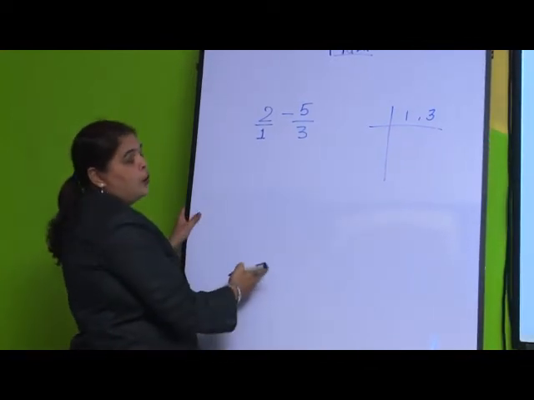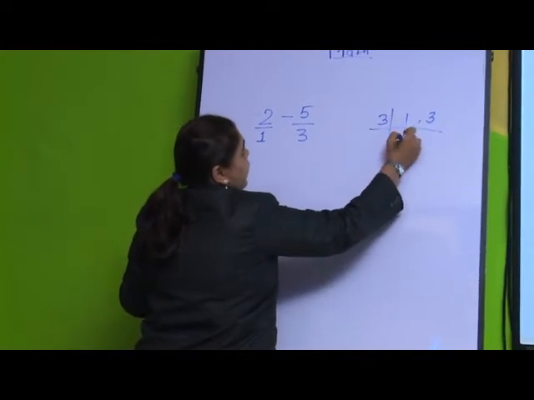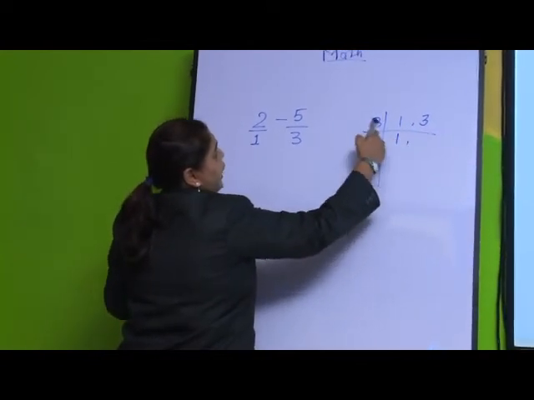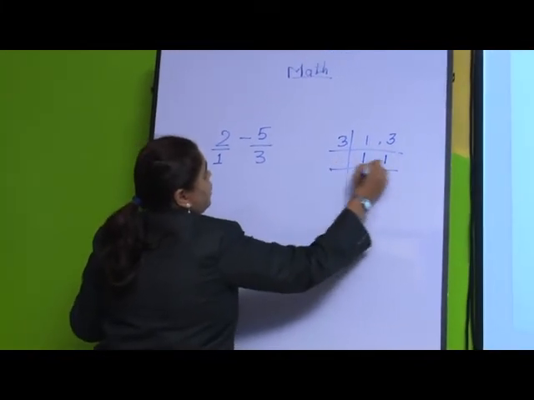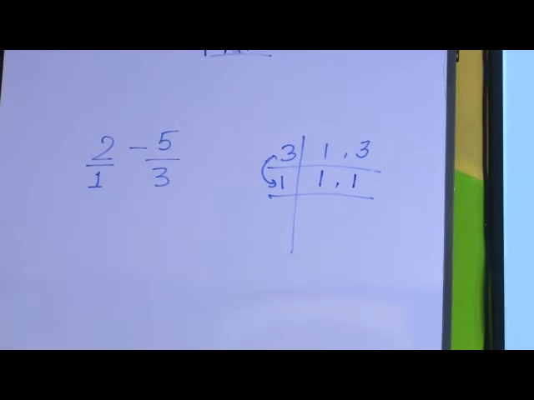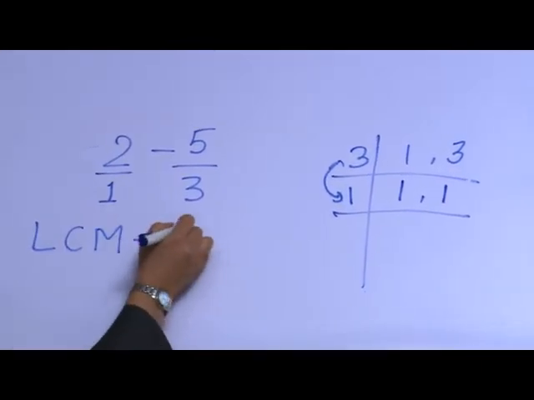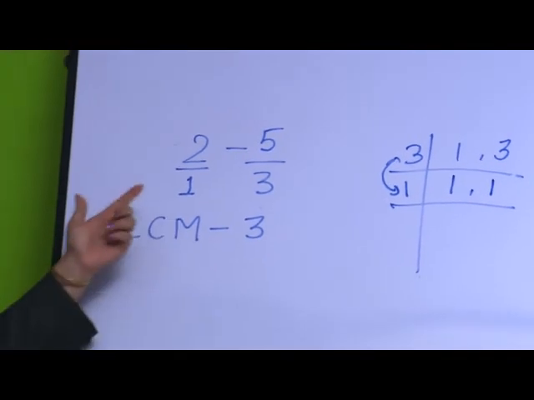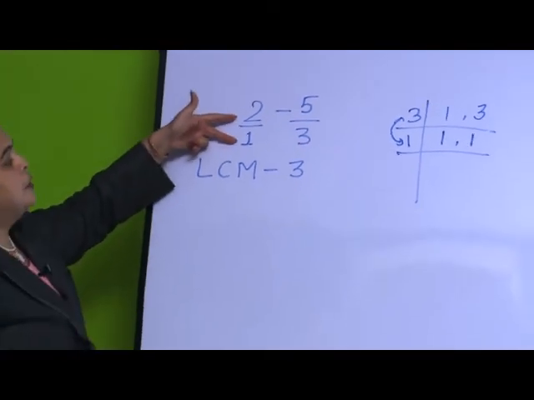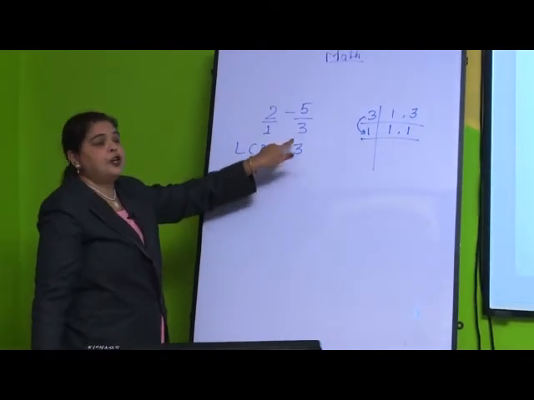Now do you know how to take the LCM? 3 1s are 3. What will be the LCM? Multiply both, 3 1s are 3. So your LCM is 3. Now we have to make the first fraction with denominator 3, and the second fraction already has denominator 3.